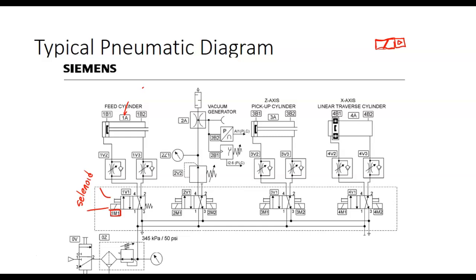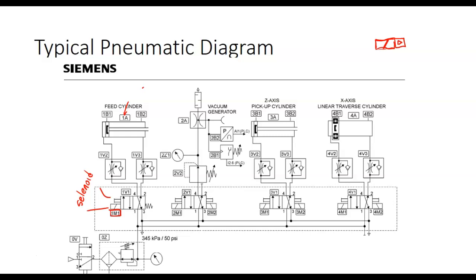You understand? 1V1, that's the first valve controlling actuator number 1. 1V2, numbered left to right, bottom to top, it's the second valve, right? You understand that. Controlling 1V3, and then we have 1A.